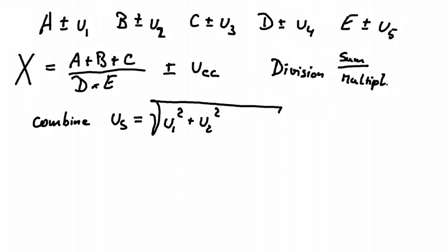But what are we doing with 3 terms here? Well, we just add the third one as well, u3 squared. So that would be the uncertainty. How do we need to think about it?